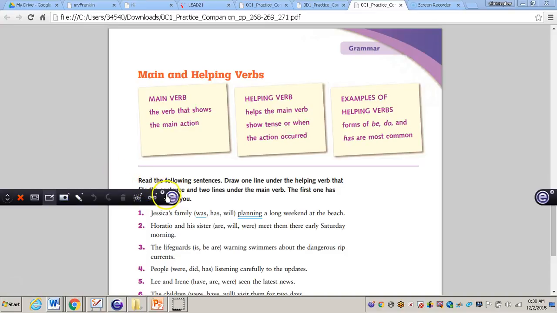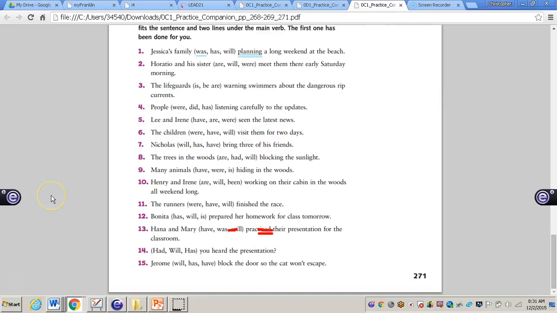And it says Horatio and his sister will meet them there early Saturday morning. So we can see will, we'll underline that once as the helping verb, and meet shows the action, and we will underline that twice for the main verb. Now what I want you to do is complete numbers 3 through 15, and when you're finished you can press play and I'll have the answers for you. So pause the video now.